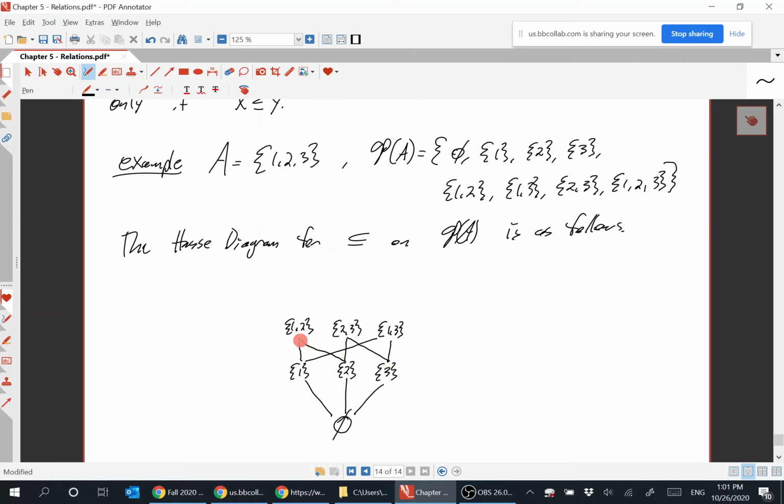Make them like this. That doesn't look quite as good. Like that, and like that. And then all of those subsets of order 2 are contained in the entire set A itself. And there's a Hasse diagram for the power set of A, where A is just this set {1, 2, 3}.